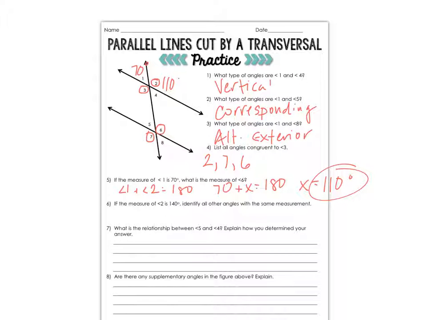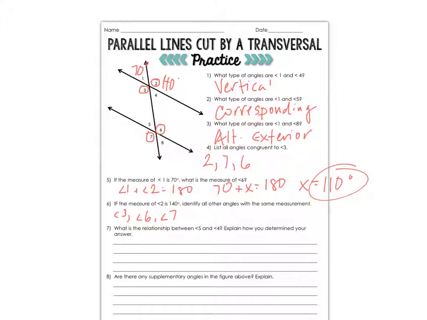If the measure of angle 2 is 140, identify all other angles with the same measure. Now it's just saying, if this angle is 140, what other angles have the same measure? I think that's a question we've already answered once, but I know angle 3 would have the same measure, as would angle 6, as would angle 7.